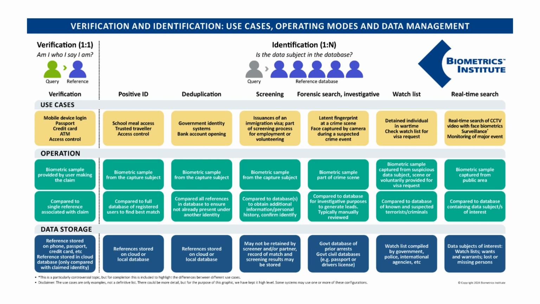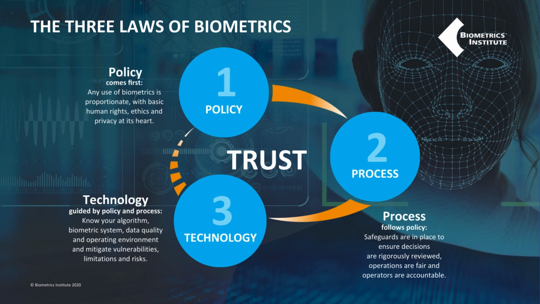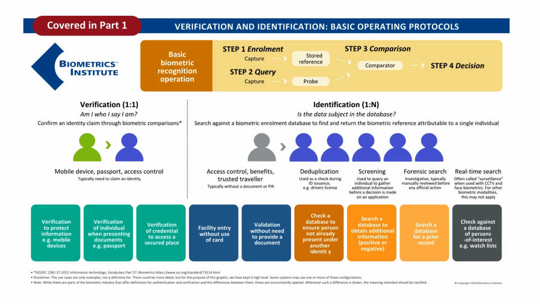So then we also land in our 3 laws of biometrics. You can't just rely on the technology. You need to think about the policy, what safeguards to put in place, and the process, what controls you have. So there's a whole lot more to talk about, and hopefully outlining these different use cases in this graphic provides some clarity on where the higher risk uses of facial recognition are, which really need strong controls, safeguards and audits built around them.